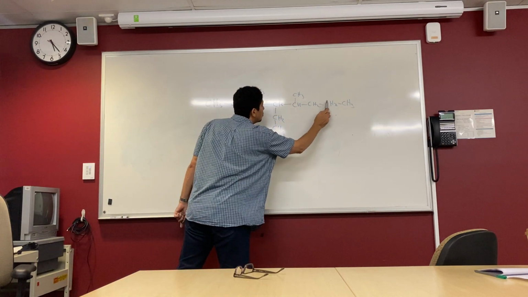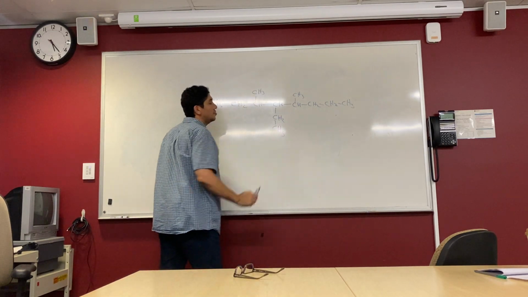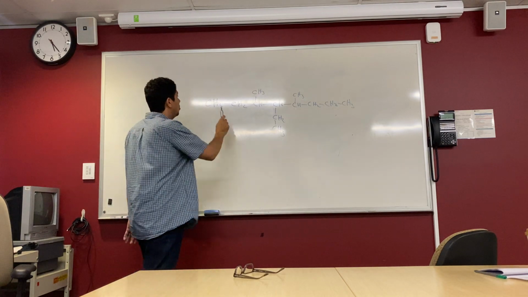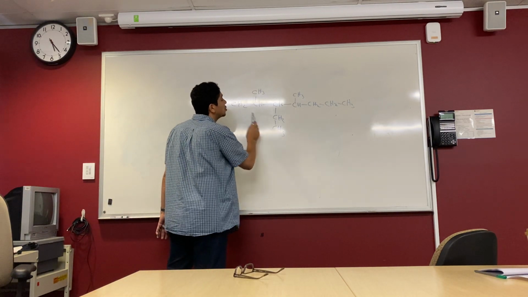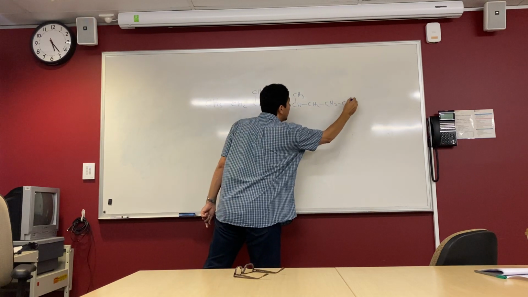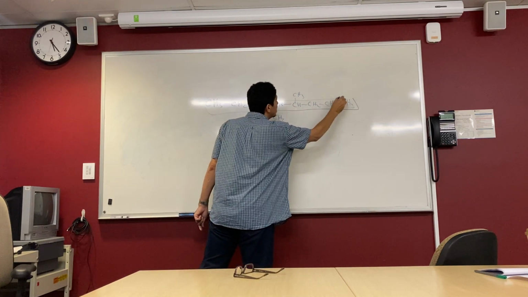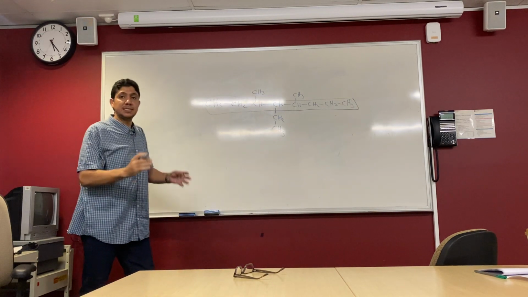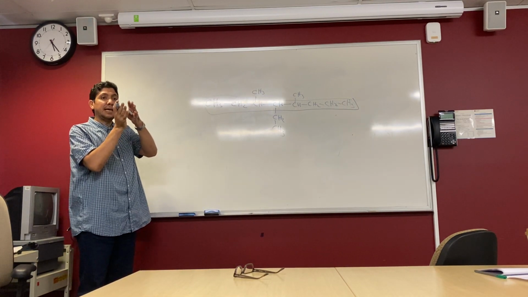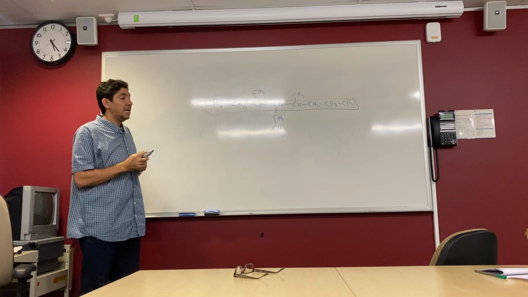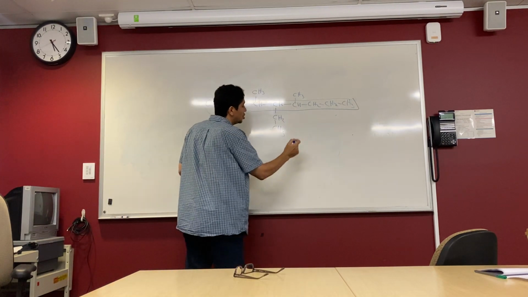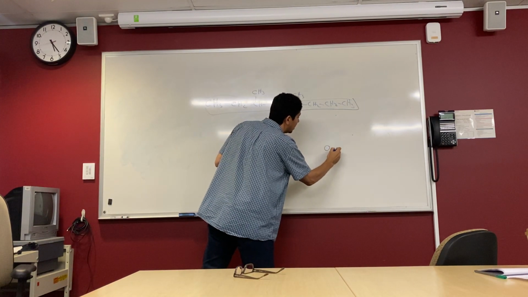Like 1, 2, 3, 4, 5, 6, 7. No, this is shorter. 1, 2, 3, 4, 5, 6. So we have to choose this one as the parent. And because it's the parent, so this is like a family name. Must be added at the end, like family name. How many carbon we said? 8. So we have to put 8 at the end, octane.